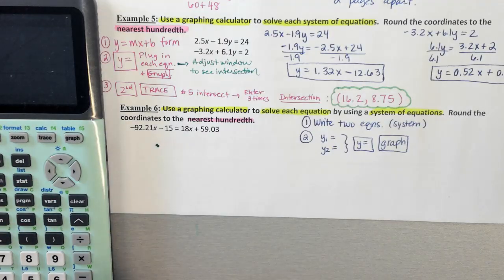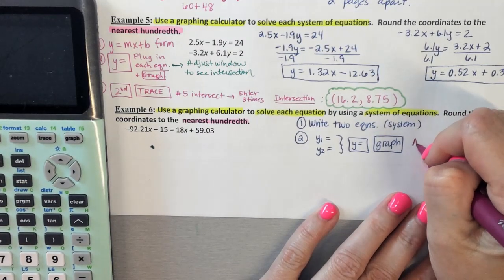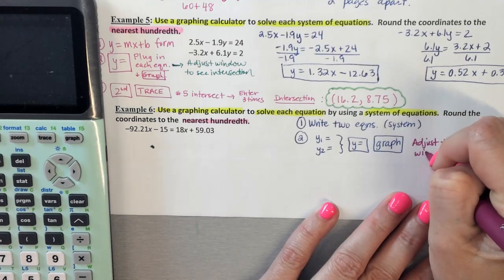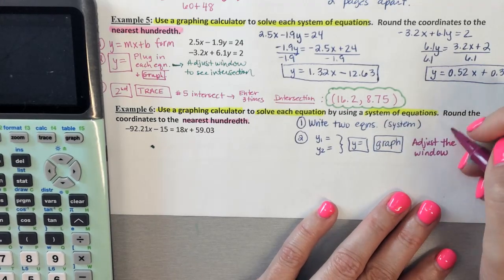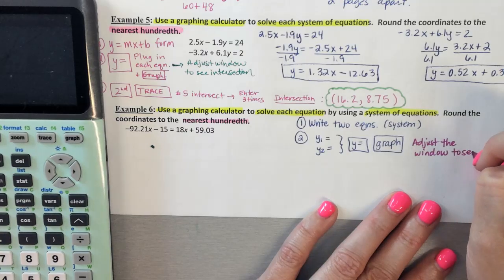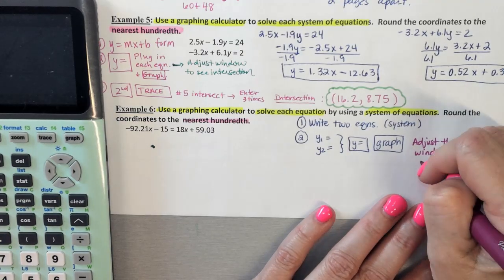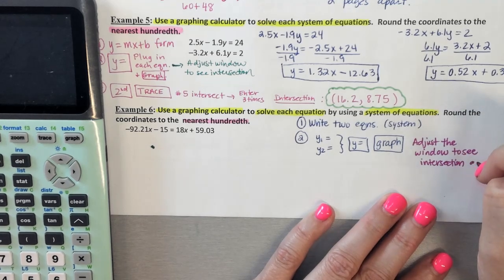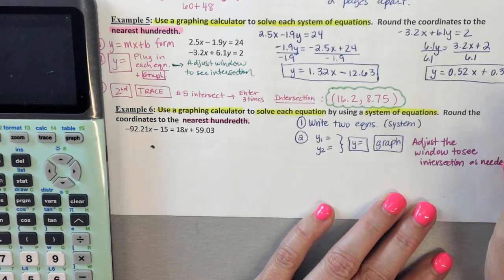Whenever you are graphing, you are going to have to adjust the window as needed to see where they cross. So you're going to adjust the window to see the intersection as needed.